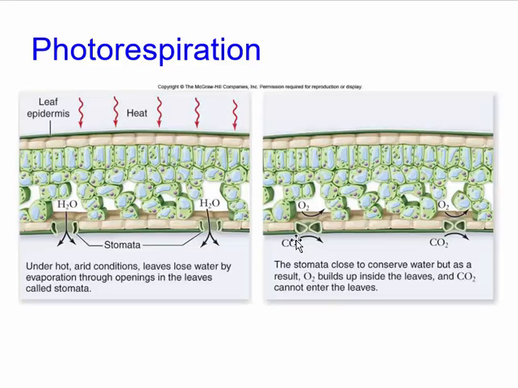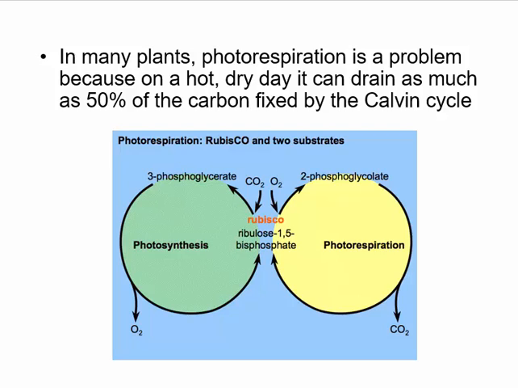And here we see carbon dioxide not being able to get in. So what does Rubisco have to work on? Eventually, even though it likes carbon dioxide better, if there's a lot of oxygen, it will start to use that. And so with C3 plants in hot climates, they can be basically wasting a lot of that carbon fixation they've used to build sugars in the Calvin cycle as a loss to photorespiration.